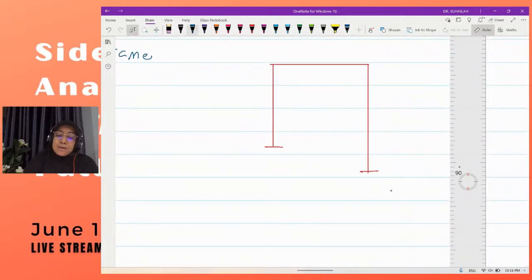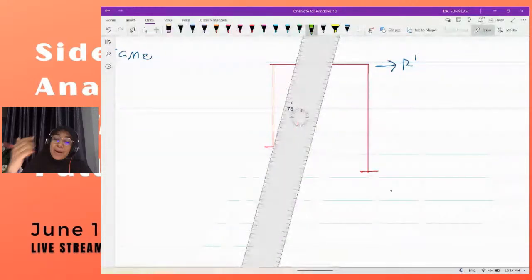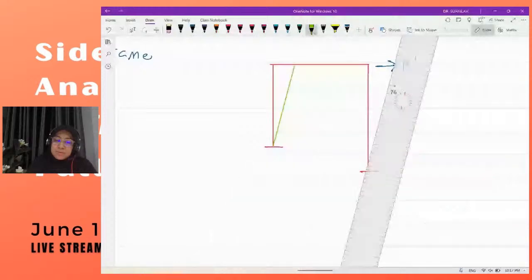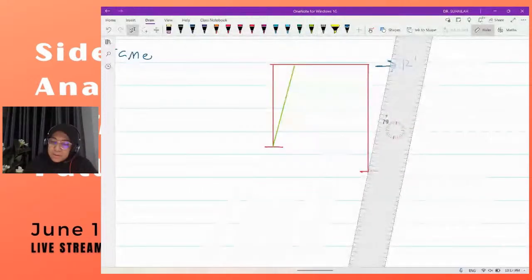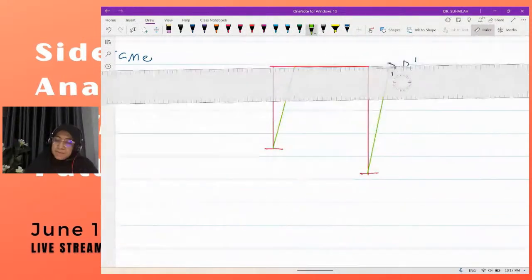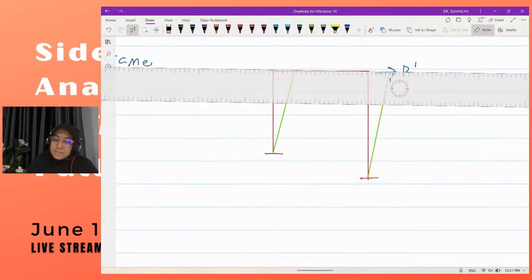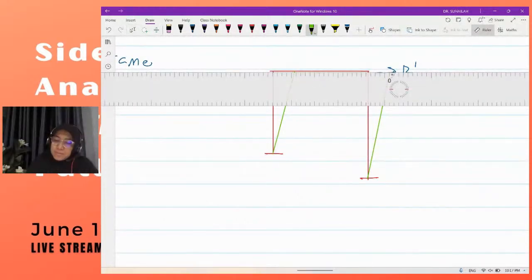Due to R prime, there will be delta prime. So this one, and this, the triangular.